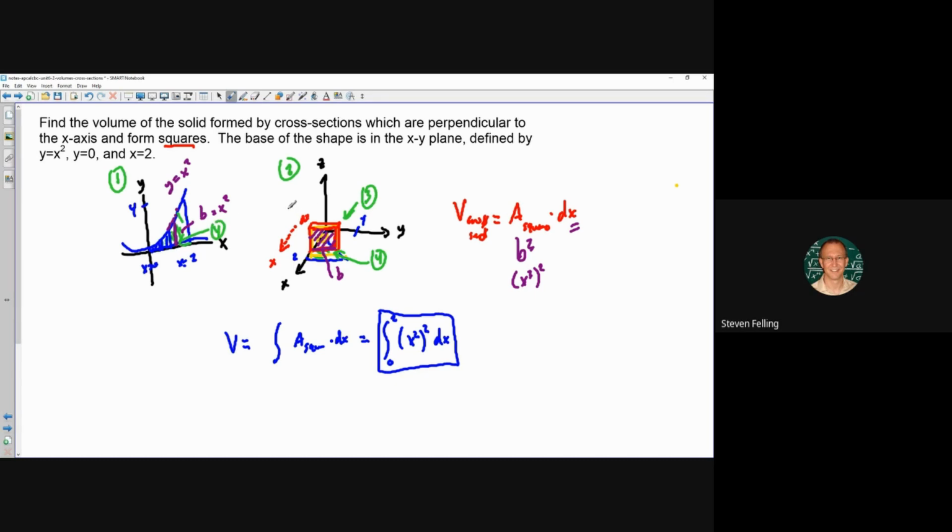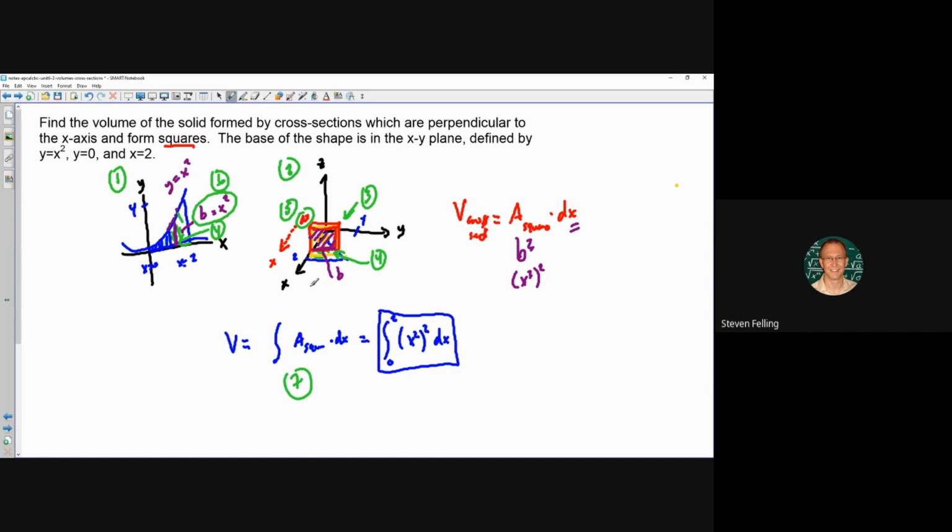Figure out next what direction you're integrating in, so you know what variable you have to have everything in terms of, and then go back and figure out what the base is in terms of that variable, and then finally form the volume by taking the cross-sectional area times the little differential width and then summing across that integral.